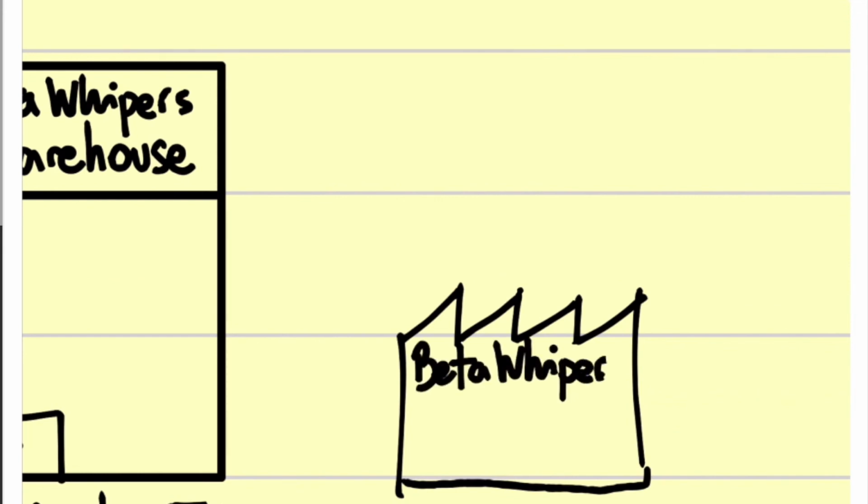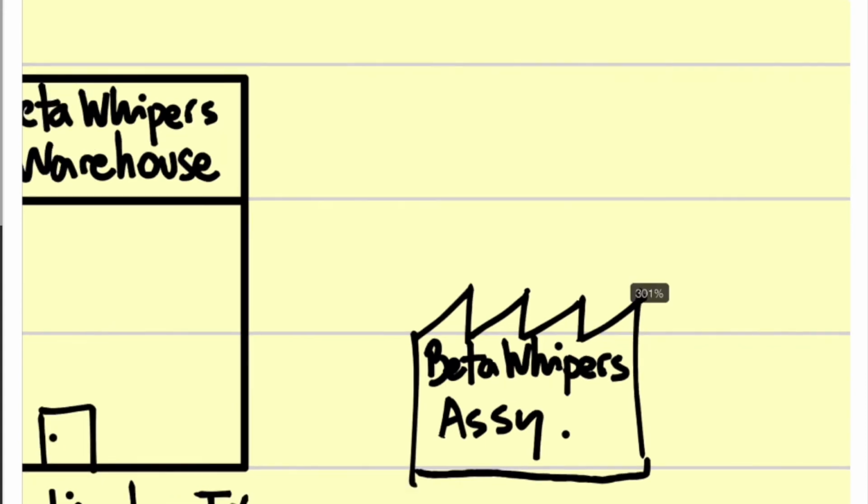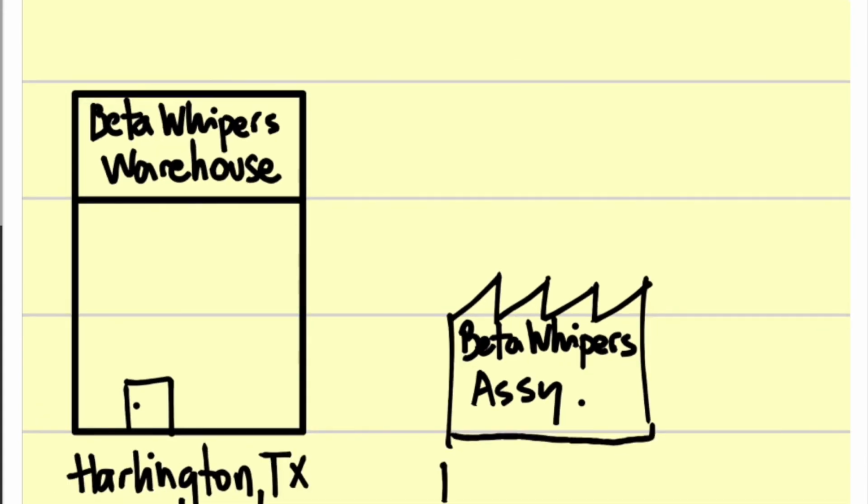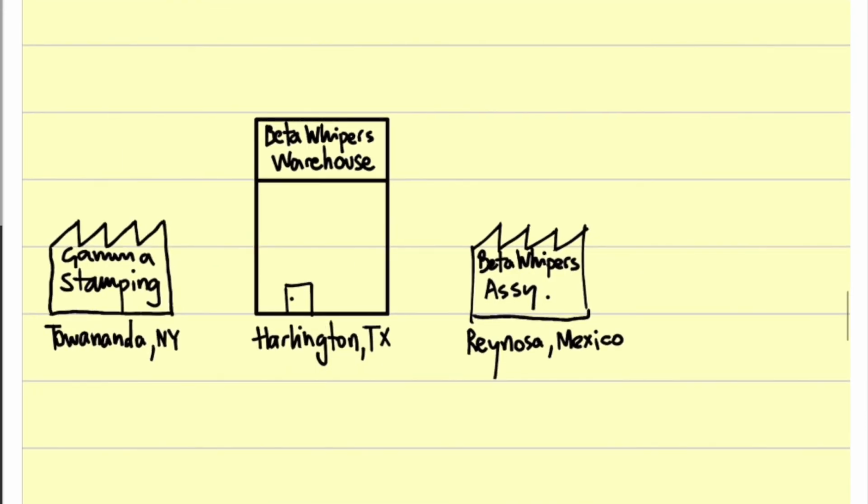Beta wipers assembly. This is in Reynosa, Mexico. Okay. This is not New York, it's New Jersey.